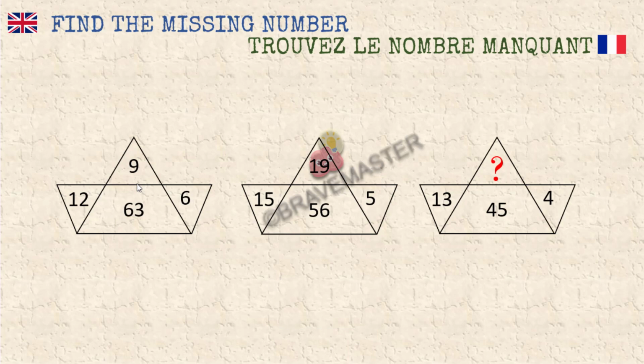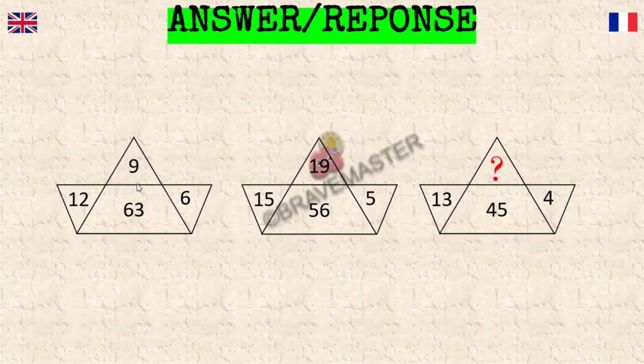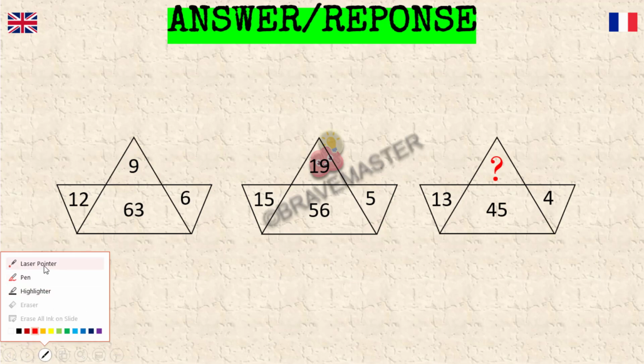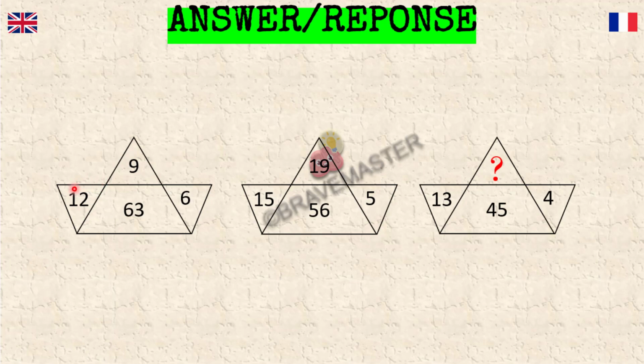So 1 minute is up, and I guess you had enough time to think about it. And now let's look at the correct answer. So what is the logic here? It's pretty simple. Like with all number tests, you just have to try to make some sums and products and so on and see.